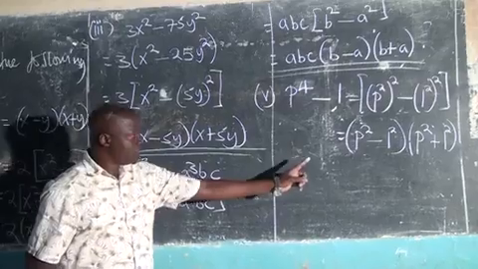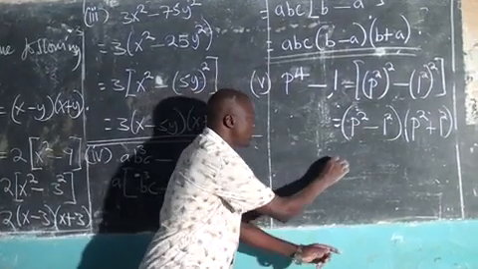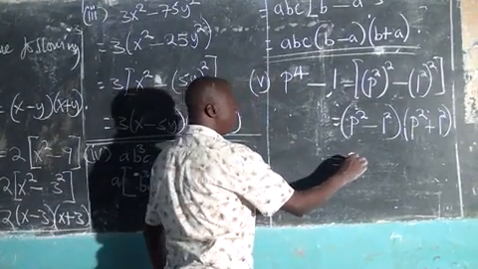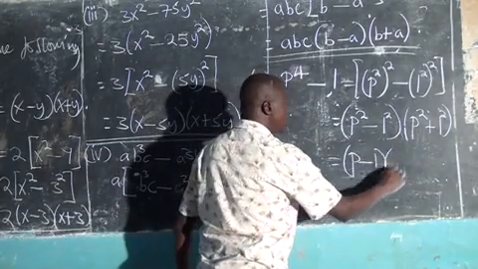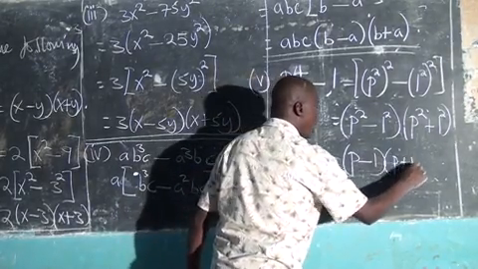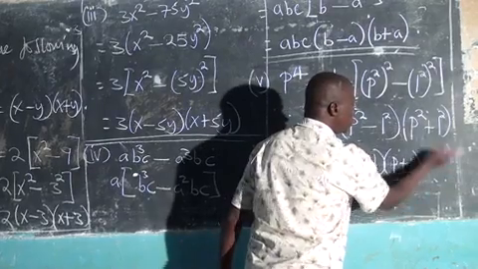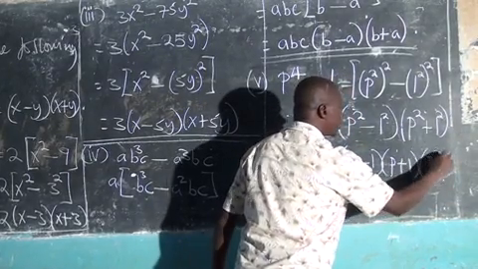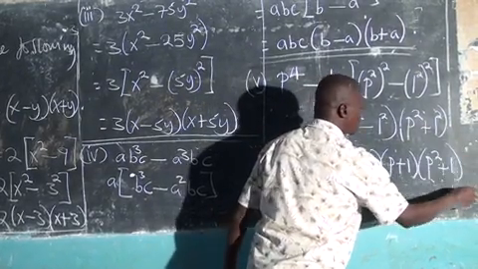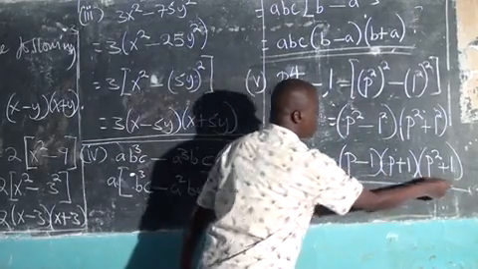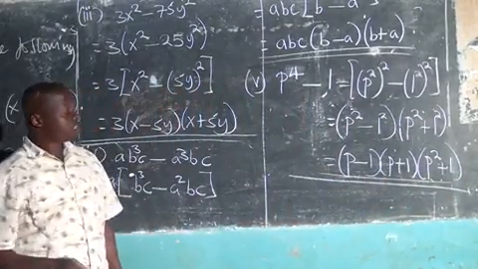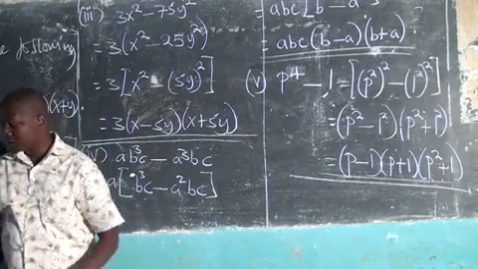I can apply the difference of two squares here. So we have (p minus 1), then (p plus 1). Also, we have (p squared plus 1). So this is our answer.